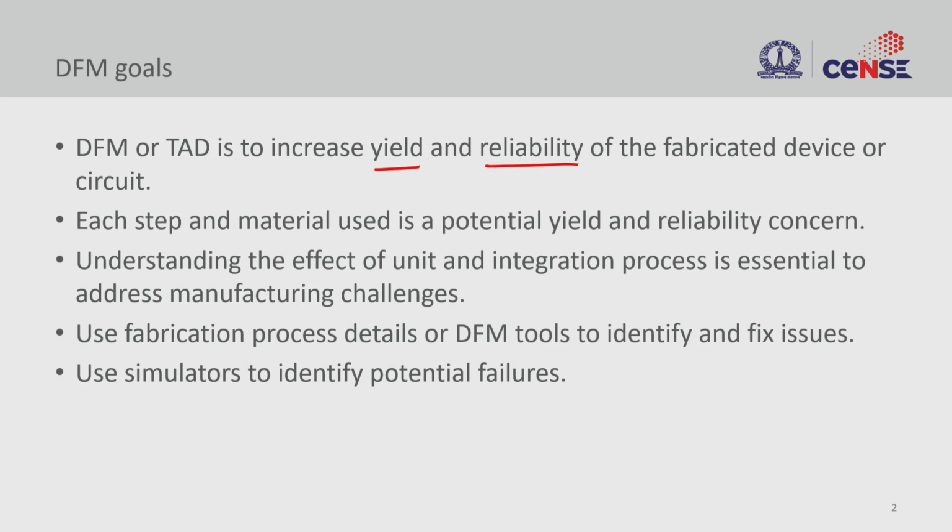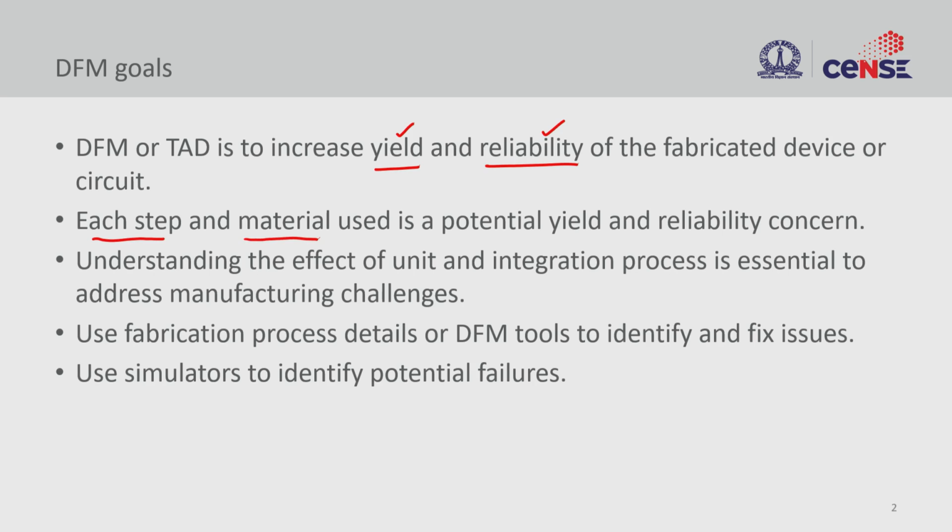So it is important to understand, we want to make sure your device is reliable and also your yield is high, so that you can get many devices out of one process step. So whatever process that we do is going to be a reliability concern, and also all the material that we use is also a reliability concern.